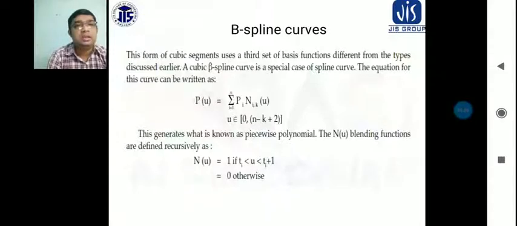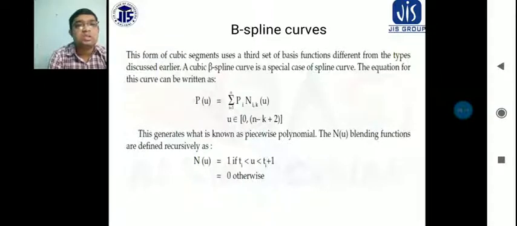Basically, a cubic B-spline curve is a special case of spline curves, and the equation for this curve can be written as P(u) equals the summation of i equals 1 to n of P_i N_{i,k}(u), where u is in the range t_{k-1} to t_{n+1}.